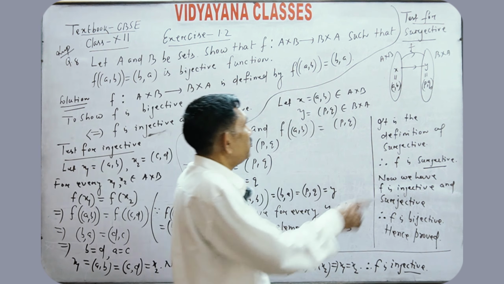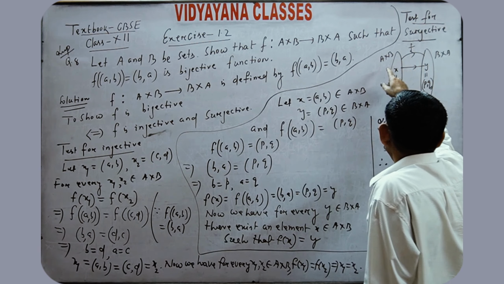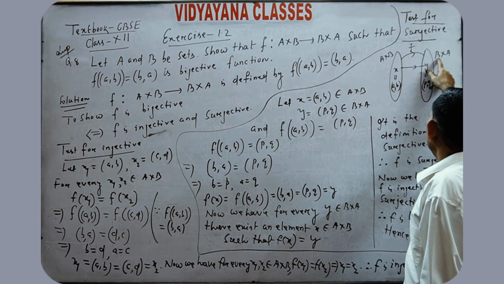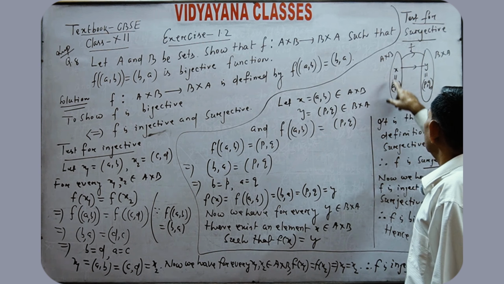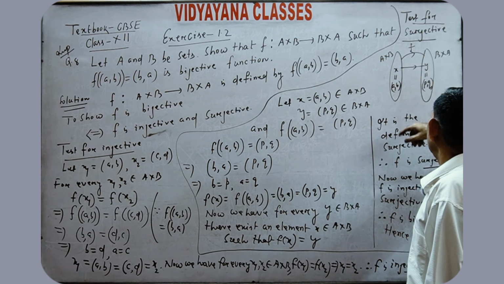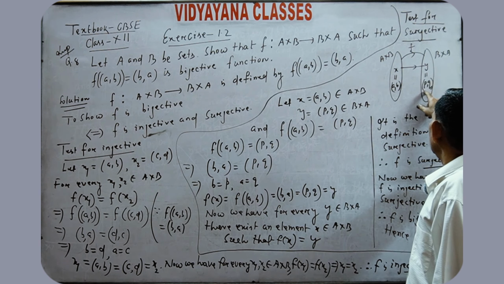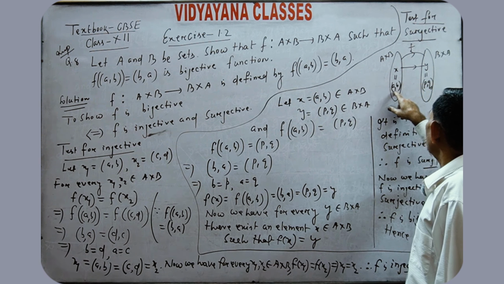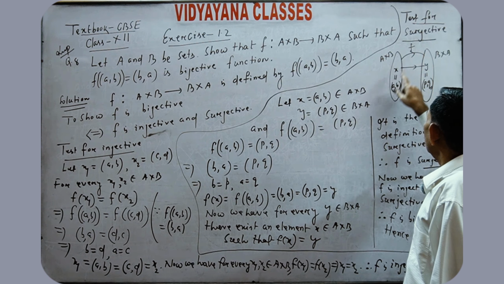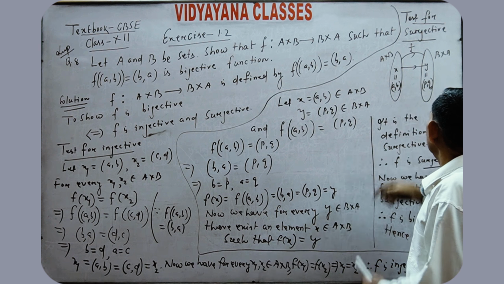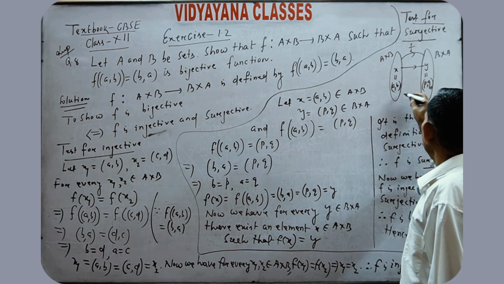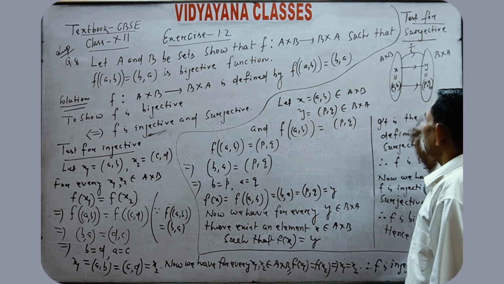Test for surjective. F is the function defined from A cross B to B cross A. Let x be an element in A cross B and y be an element in B cross A. Y is equal to PQ ordered pair, x is equal to AB ordered pair.